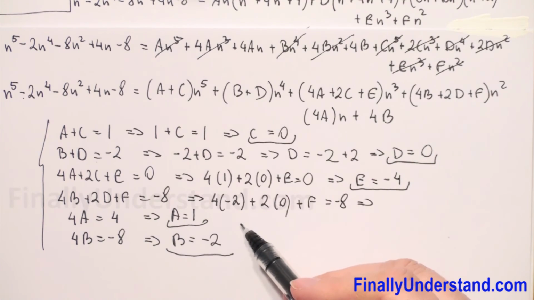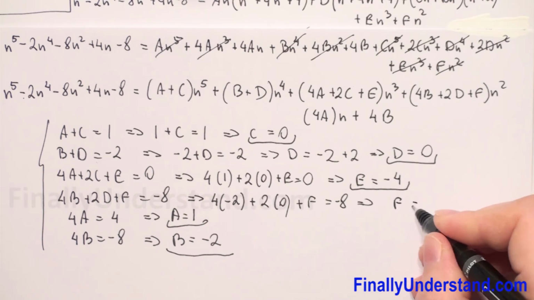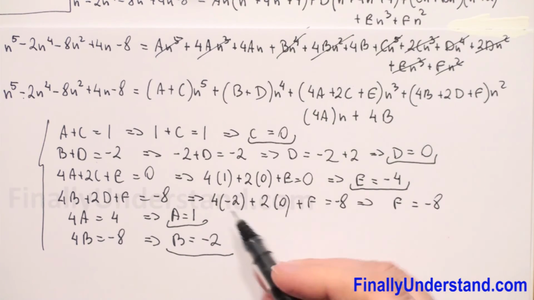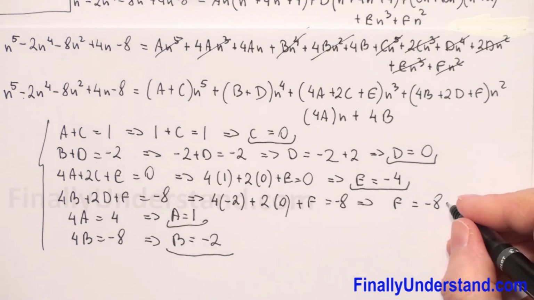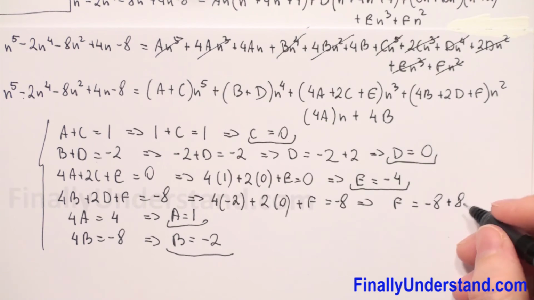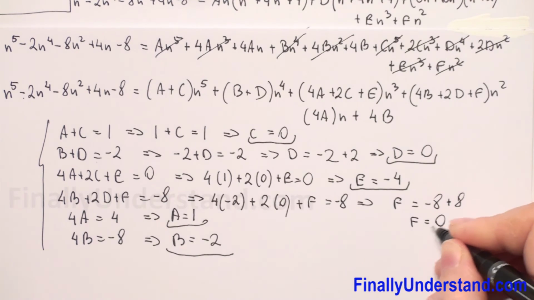So we have 2 times 0 is 0. We don't have to write. And 4 times negative 2 is negative 8. When I move to the right side will be positive 8. So 8 and negative 8 we have. So f is equal 0.